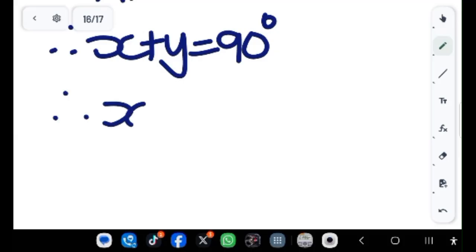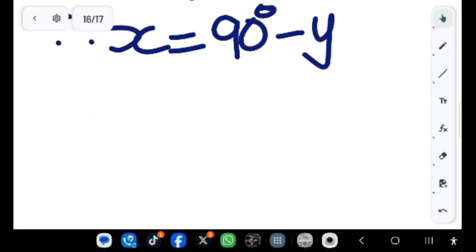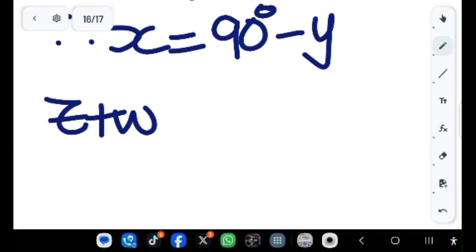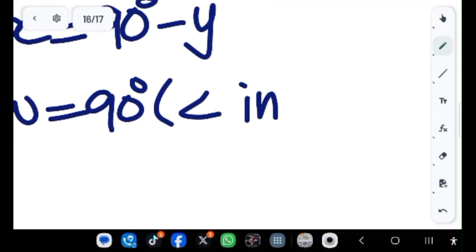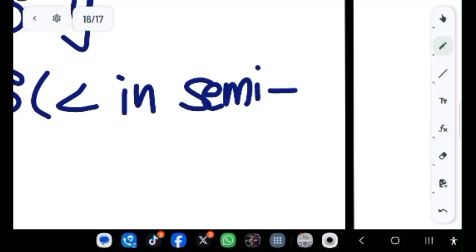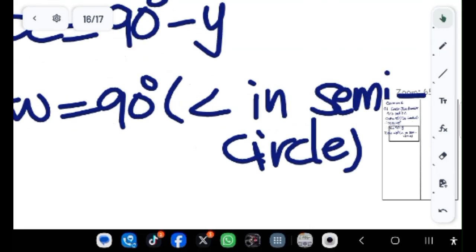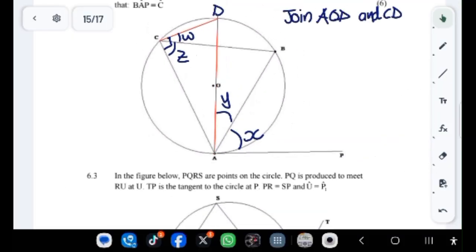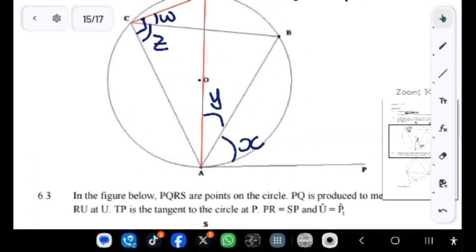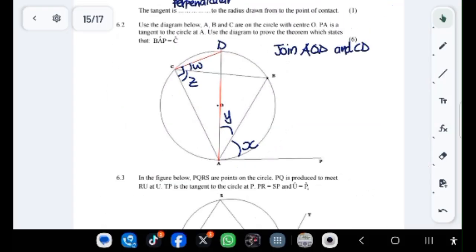So X equals 90 degrees minus Y. Therefore, Z equals 90 degrees minus W.